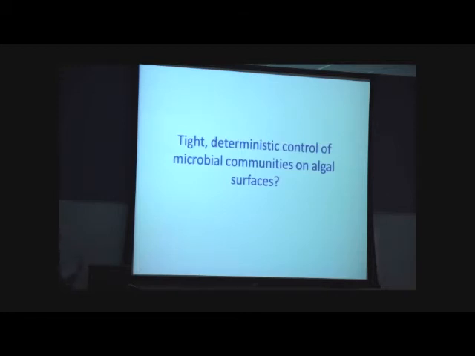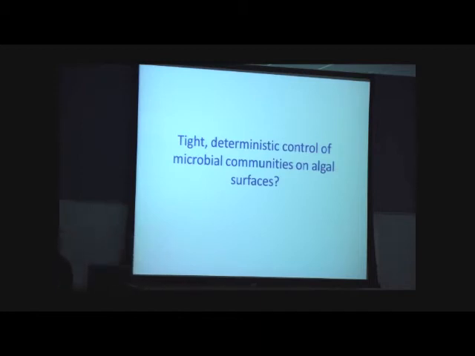Okay, so the last example I want to give is that work on Delisea got us to a place of sort of tight, almost deterministic control of community development on the outer surfaces. Now, I'm not a particularly deterministic guy, so that troubled me. It kind of went against my overall philosophy of life.